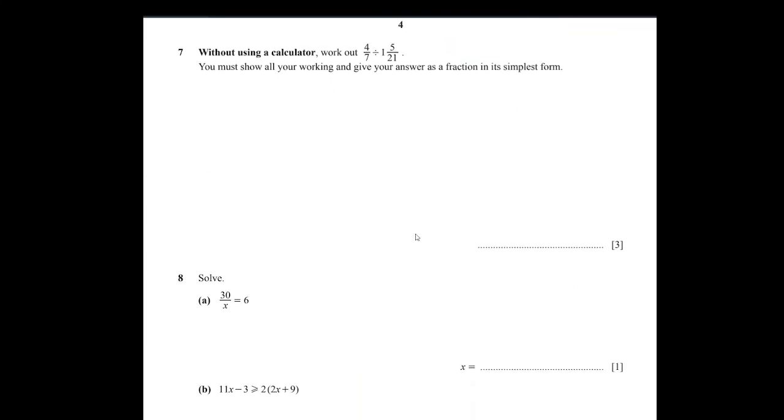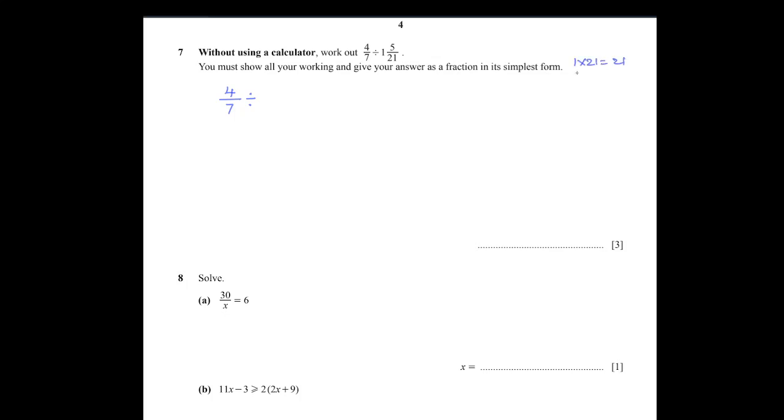Without using a calculator, work out 4 by 7 divided by 1 5 by 21. So without a calculator, just follow the rules of fractions. When I am dividing a fraction by a mixed number, I need to change the mixed number into an improper fraction. So 21 multiplied by 1 is 21.